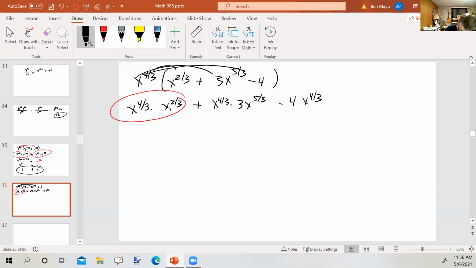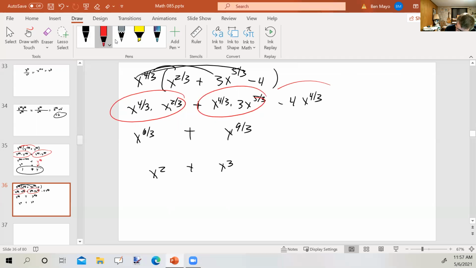This becomes x to the 6/3, which is x squared. This becomes x to the 9/3, which is x cubed. And this becomes just 4x to the 4/3.